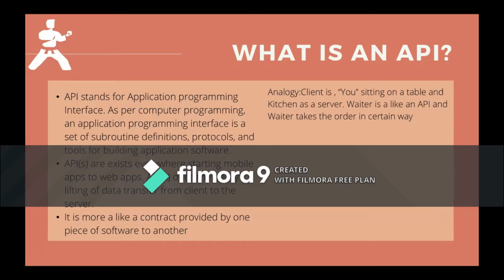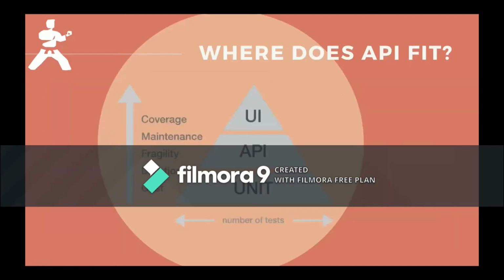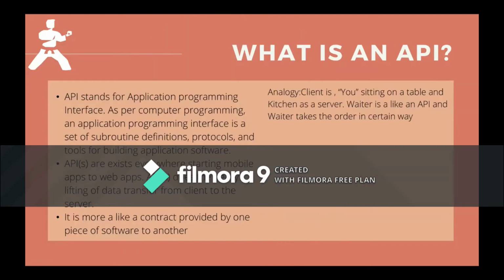So what is an API? We all know the acronym: it's an application programming interface. When we say application programming interface, what exactly does it do? As per computer programming, it's a set of protocols and subroutine definitions that we give in the API.